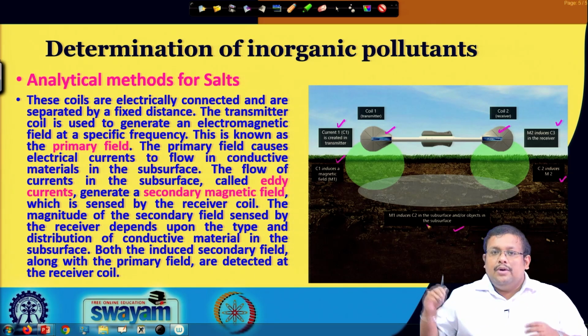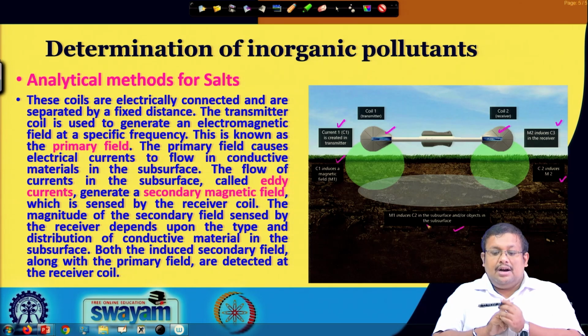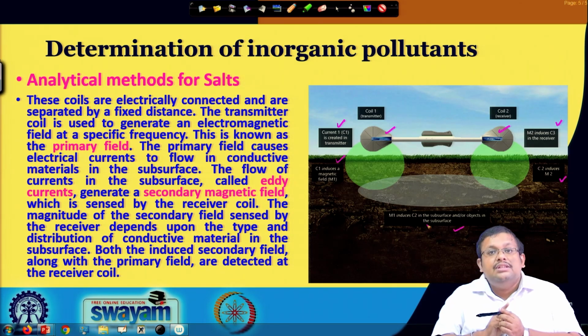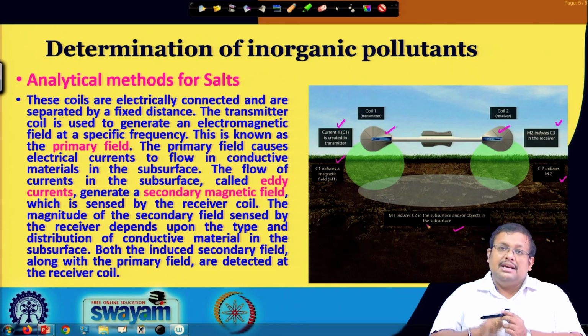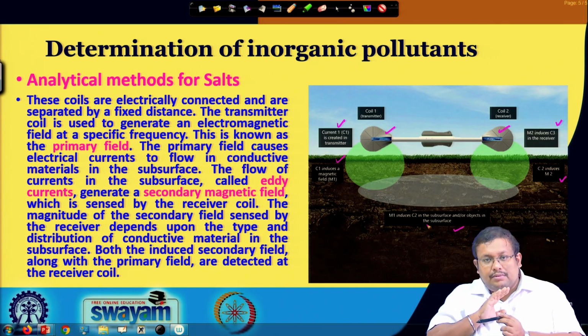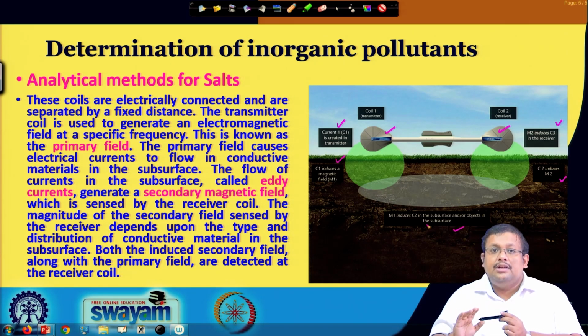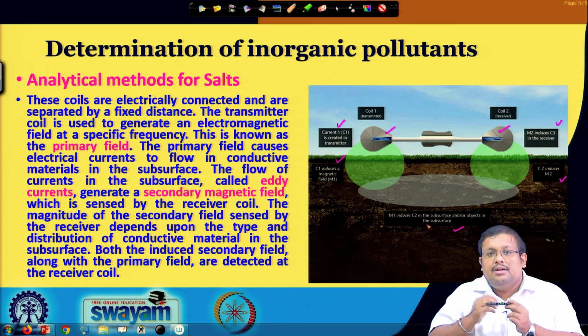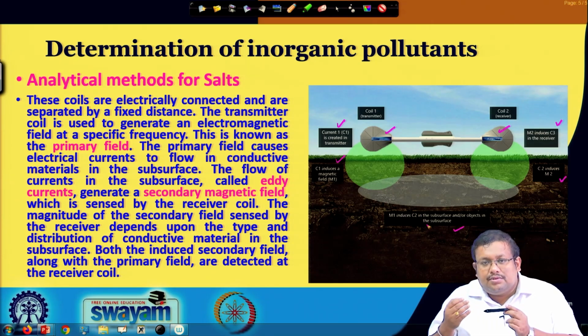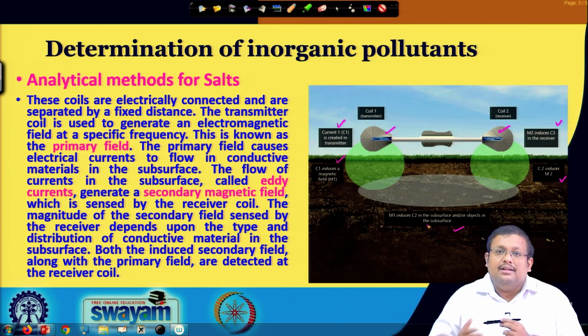So, this is how, when you move this EM instrument with respect to the soil surface, this coil 1 or transmitter coil creates an electromagnetic induction, and this electromagnetic induction helps a flow of current through the salt solution, through the salt ions, which are conducting materials.